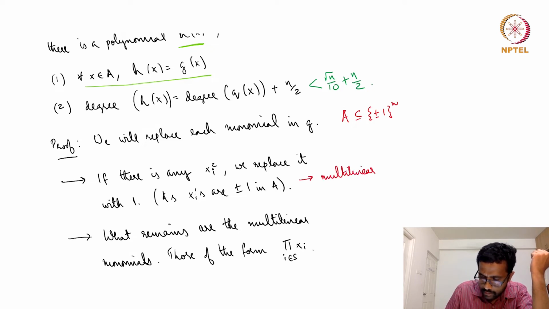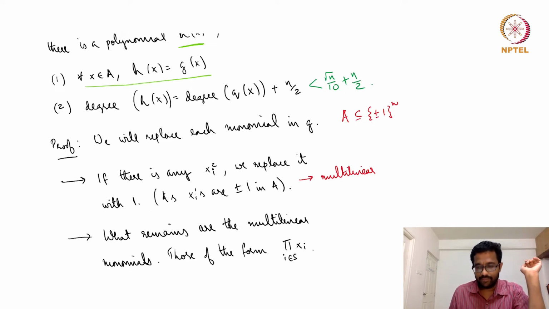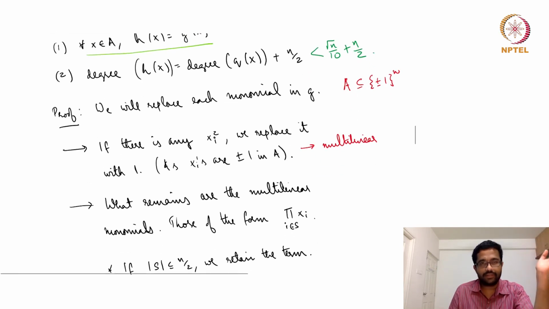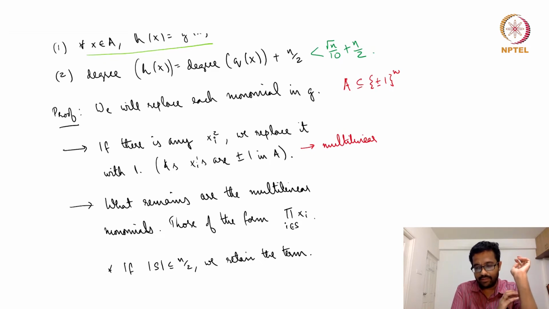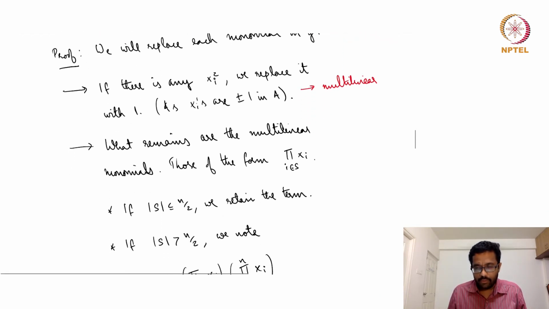So you start with the polynomial for g. Now we are simplifying it, right? So the multilinear polynomial is still fine, as long as we are restricting ourselves to A, and that's all that we care about, right? And now you look at each monomial. So each monomial will be a product of xi where i comes from some set S, where S is some subset of 1 to n, right?